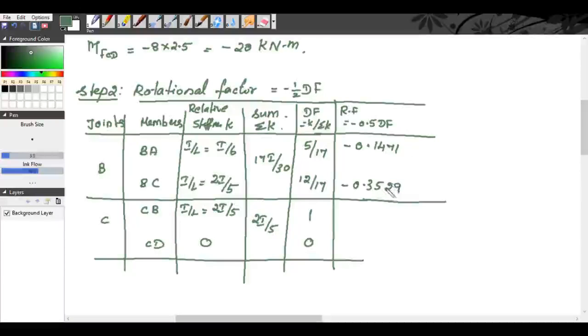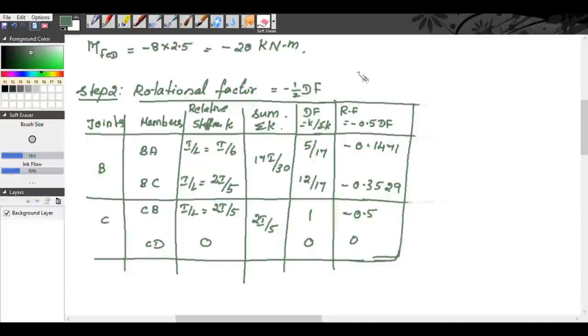So you add these both, we should get minus 0.5. Adding the distribution factor at the joint, we should get 1. Adding the rotational factor at the joint, we should get minus 0.5. So here it is 1 into minus 0.5, we get minus 0.5. Here it is 0. Okay, so that is all about the rotational factor.